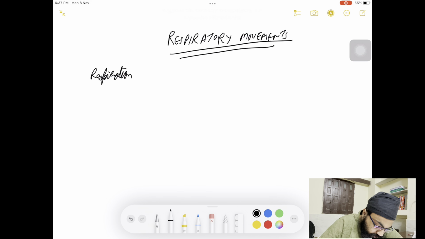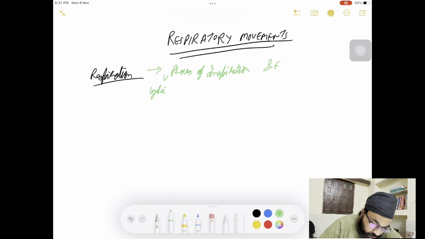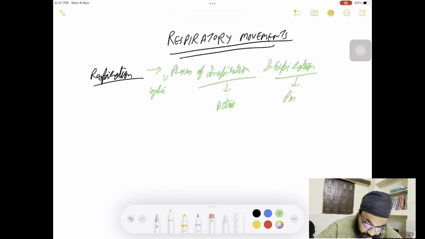Respiration is a cyclic process of inspiration and expiration, in which inspiration is active whereas expiration is passive. Since it is active, it lasts for approximately 1 second, whereas the passive expiration lasts for around 3 seconds.